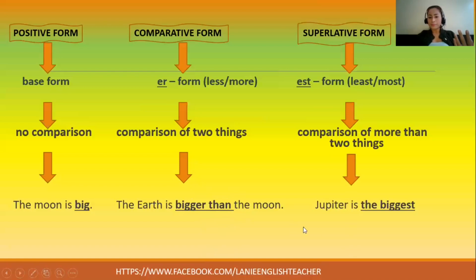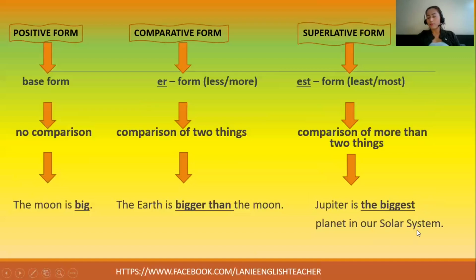All right? Now, what about the superlative form? Have a look at this example. Jupiter is the biggest planet in our solar system. The adjective biggest here is in superlative form. What makes it superlative form? Take note. Jupiter here is compared to more than two planets.